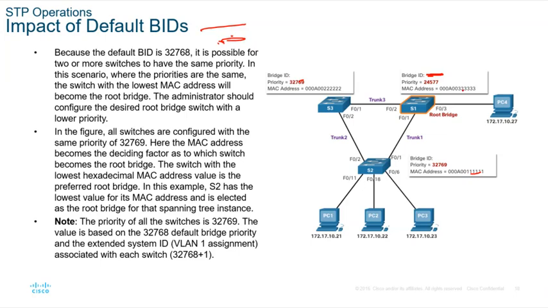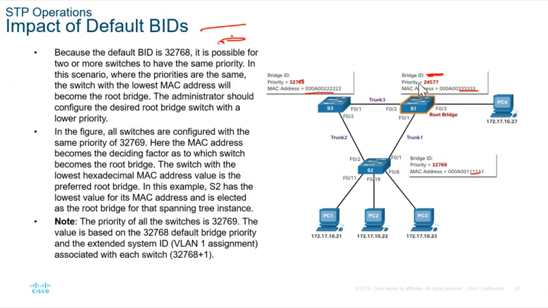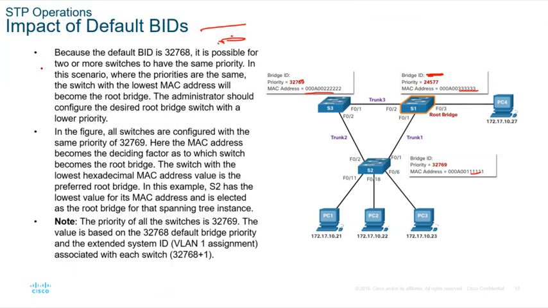You consider this. In the previous example, as you can see, the root bridge is this one here where we have the 3, but the priority is lesser. But here, where we have the default, I think they were supposed to put a different figure.